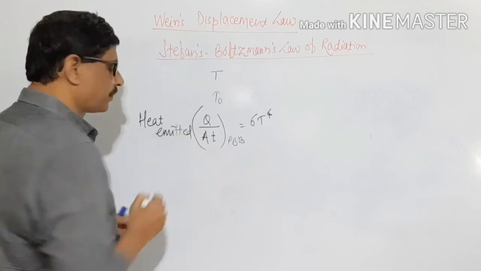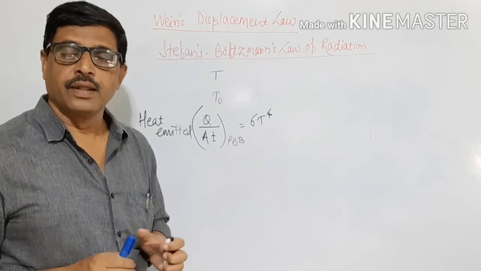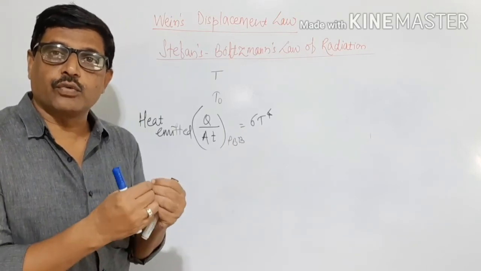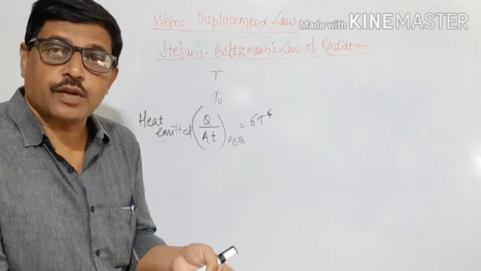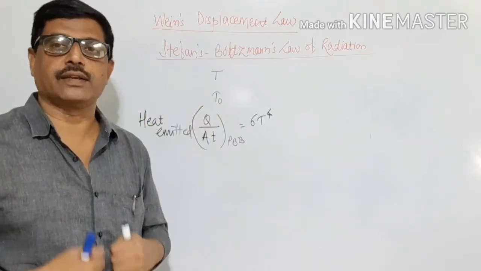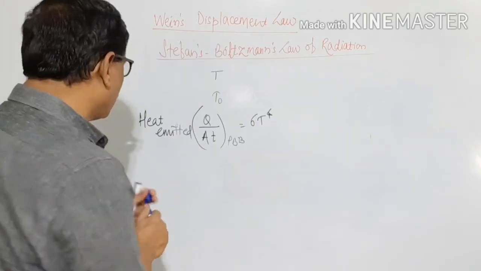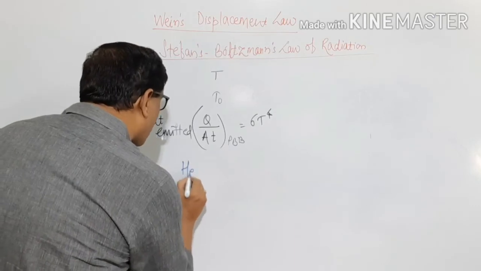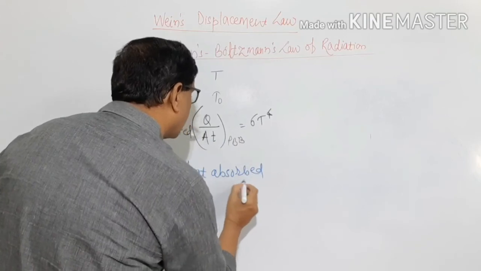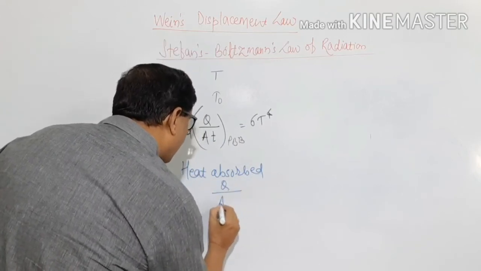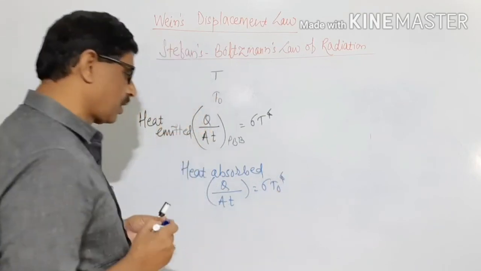Now, we know that when a body is kept in a surrounding, it not only emits heat radiation, at the same time it absorbs heat radiation from the surrounding. The surrounding temperature is T0, therefore heat absorbed per unit time per unit area is equal to sigma T0 to the power of 4.